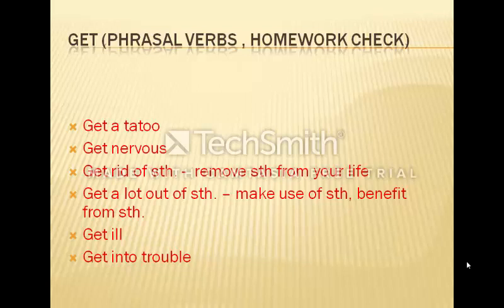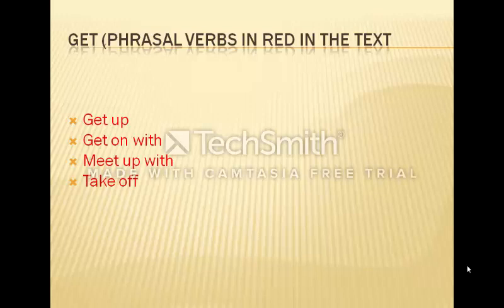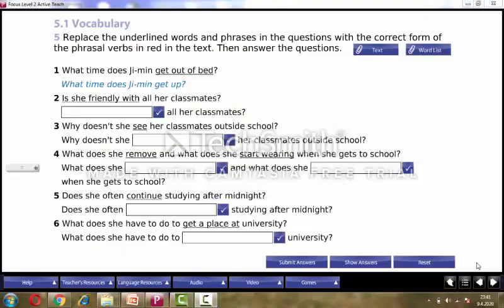Okay. And now we're going to focus on the phrasal verbs that are given in red in the text. So again, page 61. The phrasal verbs that you should pay attention to are get up, get on with, meet up with, take off, put on, carry on, and get into.